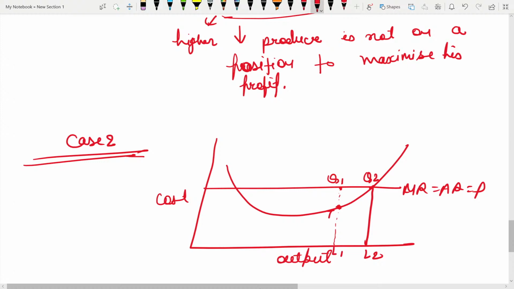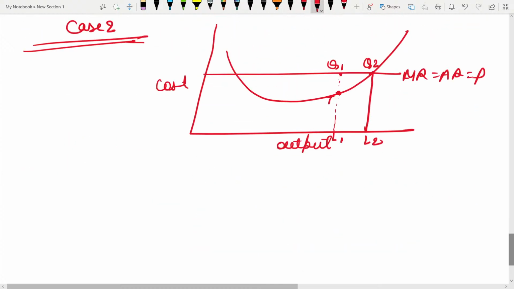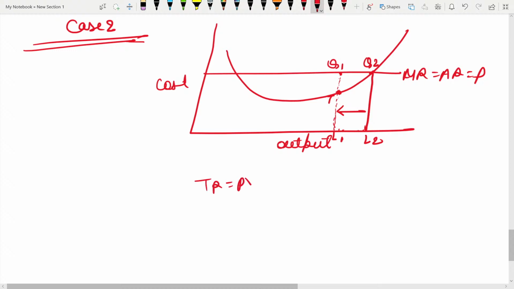This is showing L1. Okay, now you can observe through the diagram that the reduction in TR, because TR is P into Q. So this is L1, L2, this is Q, and this is price.